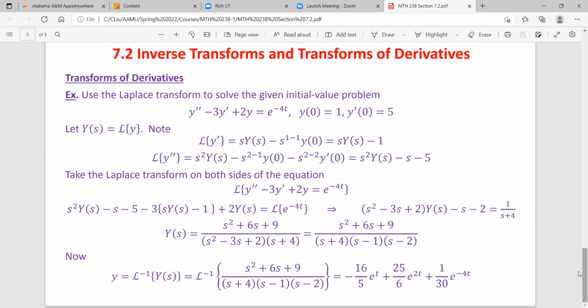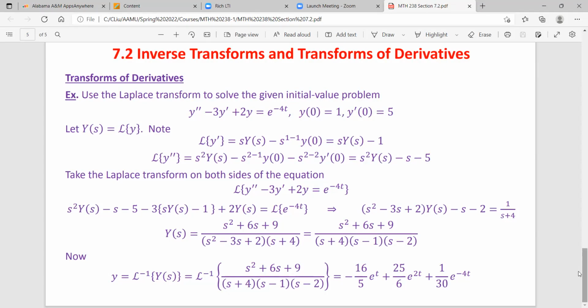Using the formula for y double prime, the Laplace transform of y double prime equals s squared Y of s minus s to the 2 minus 1 times y of 0 minus s to the 2 minus 2 times y prime of 0. This time you do get another term. Plugging in those numbers, we get s squared Y of s minus s to the 2 minus 1, which is s to the 1, or s, times y of 0, which is 1.